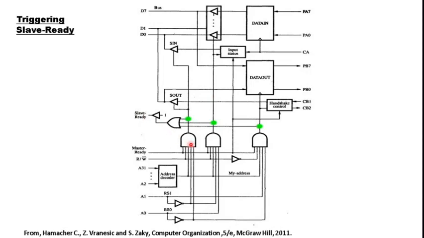Either the AND gate corresponding to reading of the status bits, or the AND gate corresponding to the input data register, or the AND gate corresponding to the output data register should be triggered. Triggering of any of these AND gates will be a reason for the slave ready signal to get activated. So this is the rough overview of the combined interface.